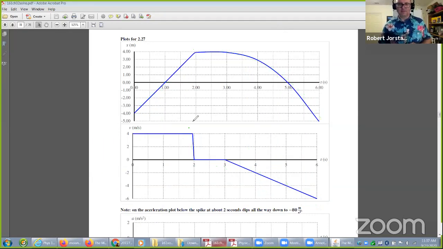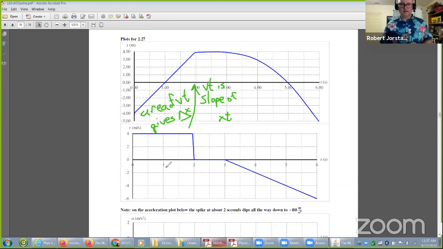All right, so we use slopes to go up that way. Slope of XT gives VT. And similarly, area of VT gives delta X. That's the summary of what I just said, right?